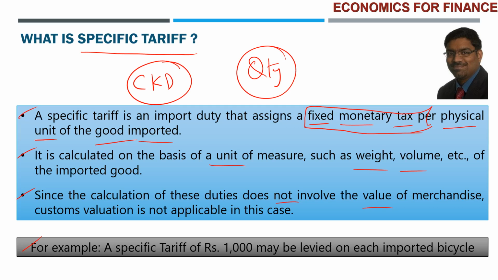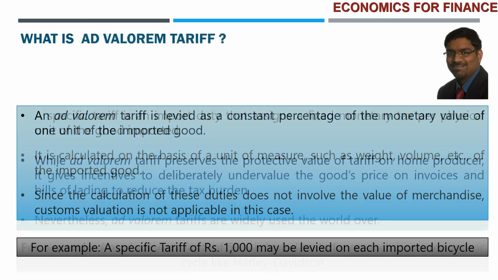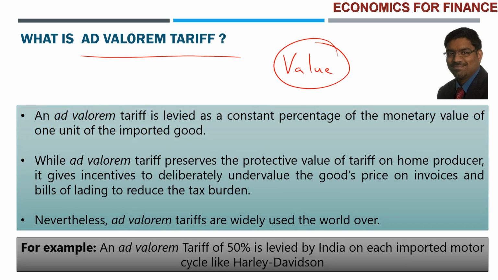Like this, televisions, air conditioners, cycles, so many of the goods are there where we import them in CKD condition and we just assemble them here and then sell as final products. If the tariff is a specific tariff, these goods will escape the customs. That is why that is not a good thing or a, you can say, scientific thing to have specific tariff. There might be ways to escape it. The answer for that is ad valorem tariff.